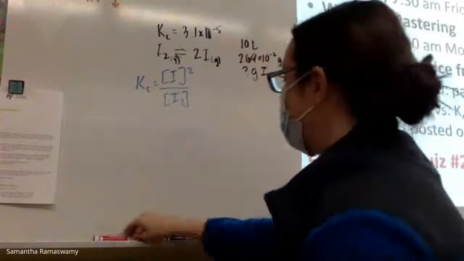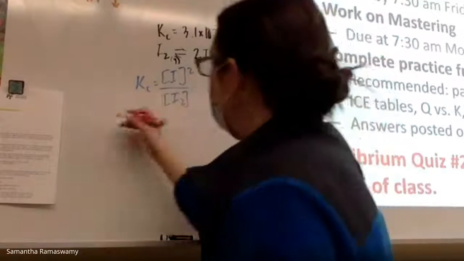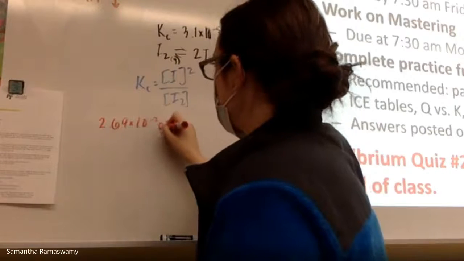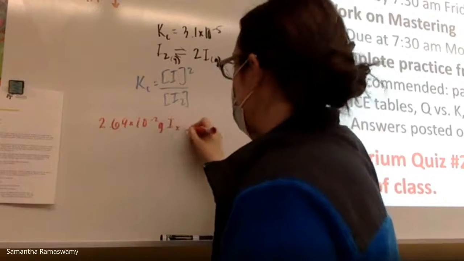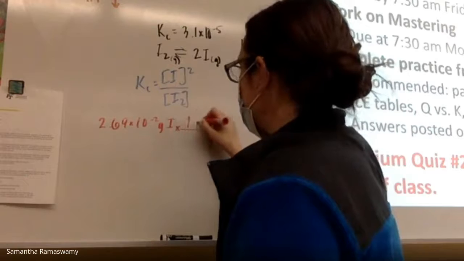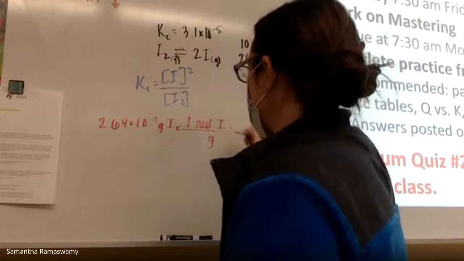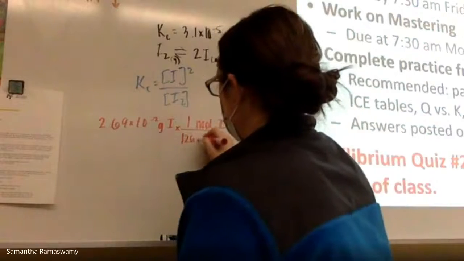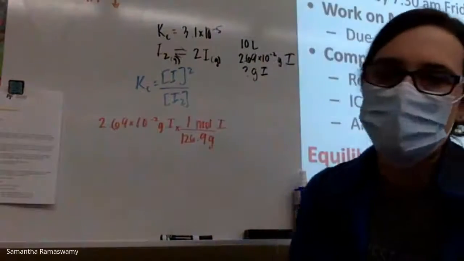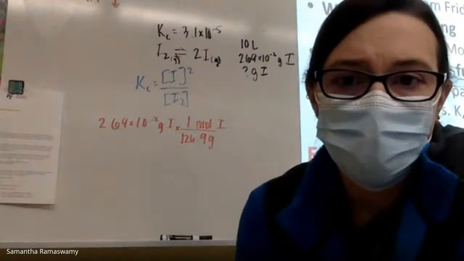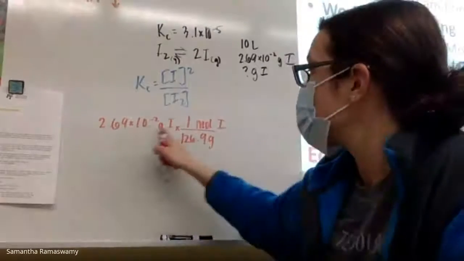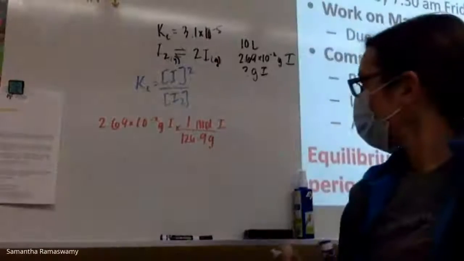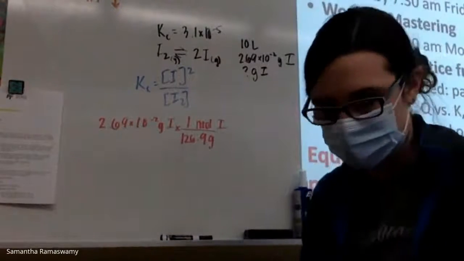So what I need to actually do is take 2.69 times 10 to the negative second grams of I and go to moles. 126.9 is the molar mass of iodine. It's just I. That's what they gave me here.